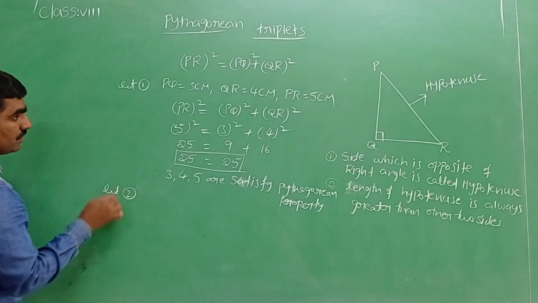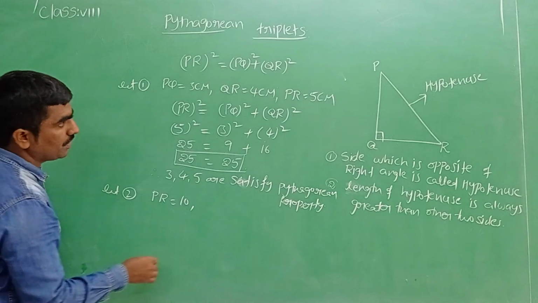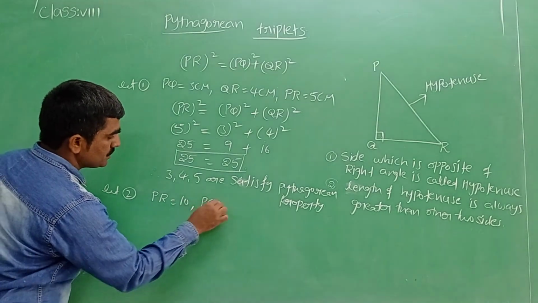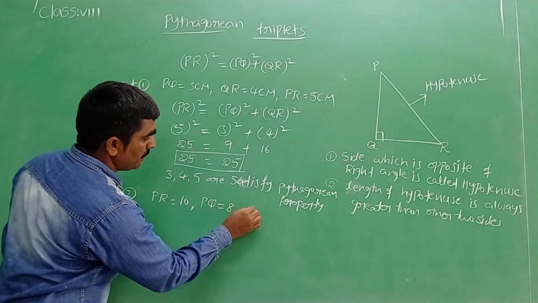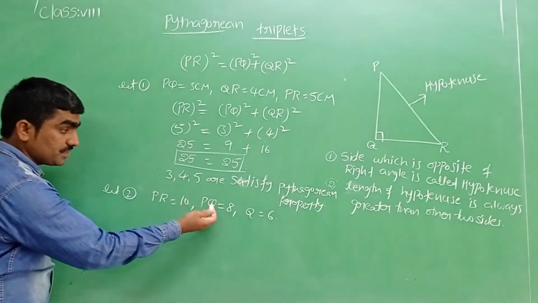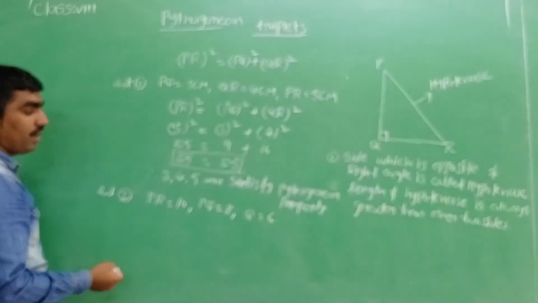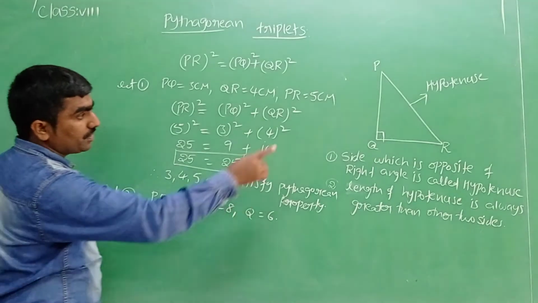Let me take the length of PR equal to 10 centimeters, PQ equal to 8 and base QR equal to 6. Now verify whether these three numbers also satisfy the Pythagorean property or not. What is the Pythagorean property?